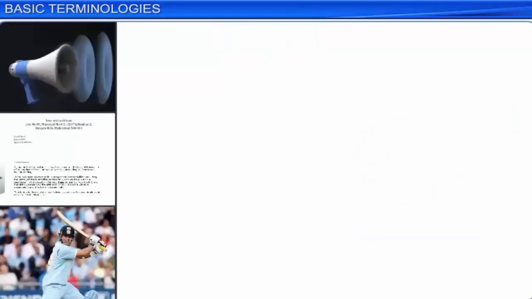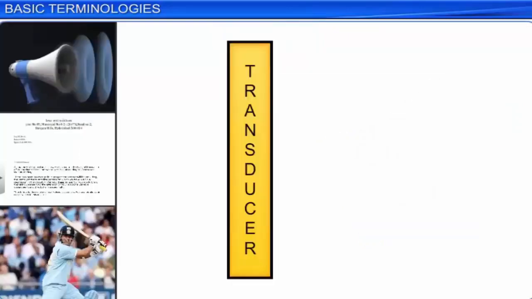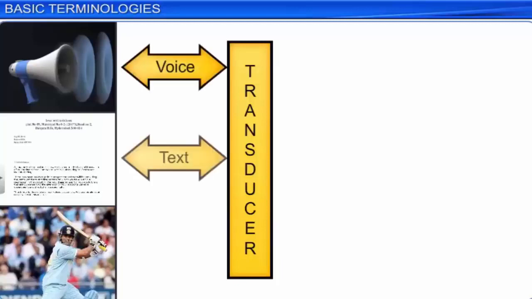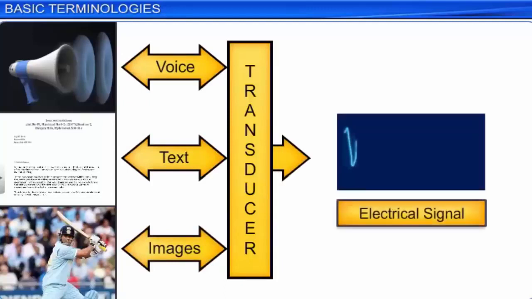Thus, a transducer is a device that converts one form of energy or information into another form. In communication systems, transducers normally convert voice, text, images, and videos into electrical signals and vice versa.